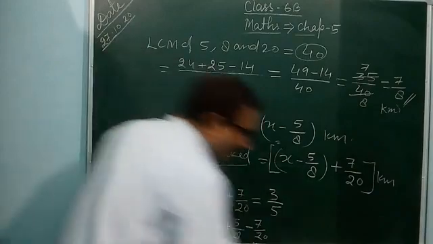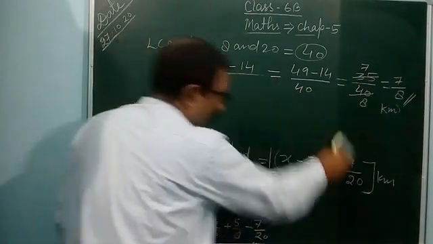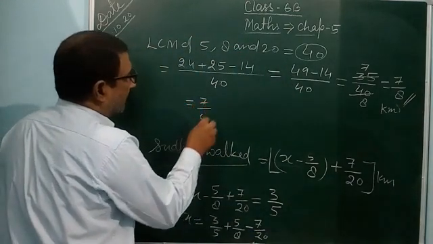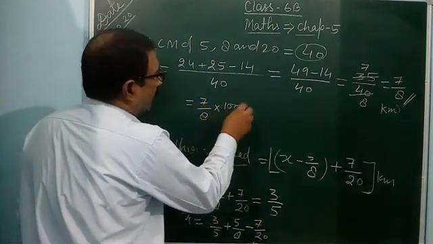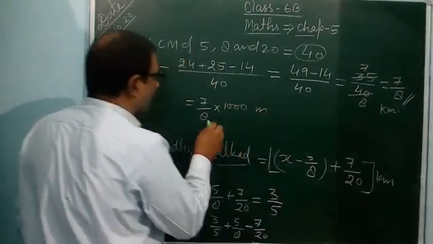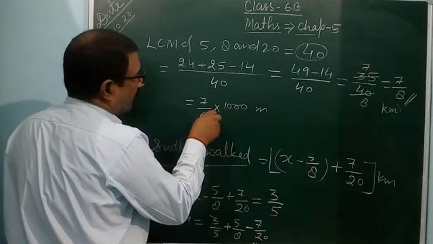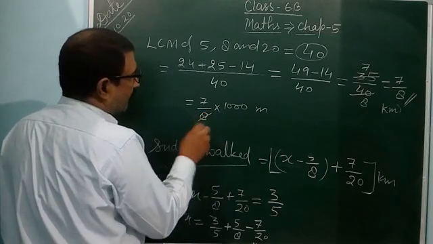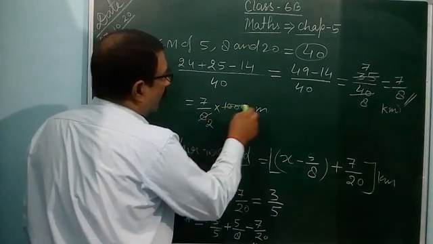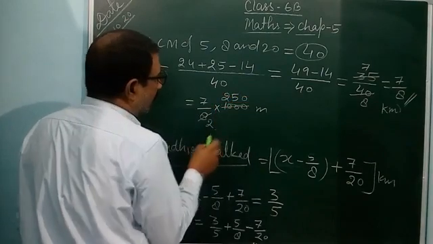You can change it into meter also if you want to. 7/8 multiplied by 1000, kilometer changed into meter. Like that, 4 times 2 is 8, and 4 times 25 is 100, and 0 here.